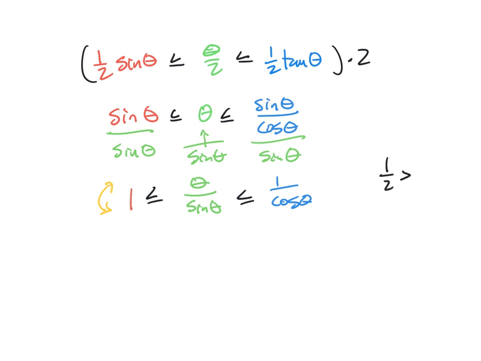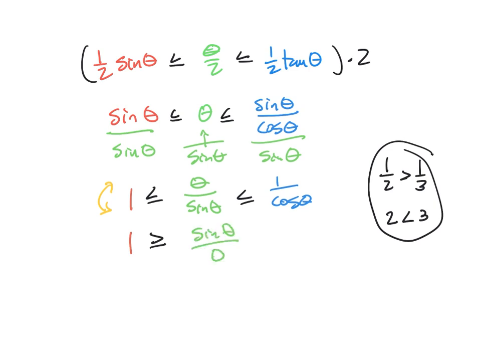1/2 is greater than 1/3. But when you flip these over, this becomes a 2 and this becomes a 3. And in order for this thing to still be true, we have to flip these over, right? So if I'm going to flip all these inequalities over, I have to also flip the signs. So I'm going to say 1, the reciprocal of 1 is still 1. I'll flip this one over. I'll make this sine theta over theta.